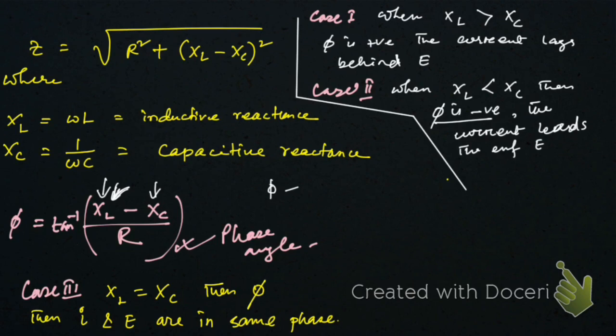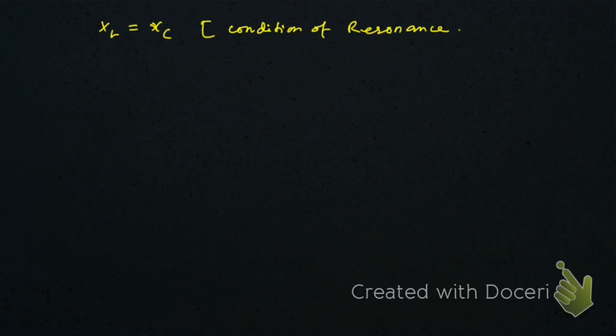So hope you have understood this. Let me go to the next slide. This condition where XL is equal to XC is called the resonance condition, because here the phase of I and E are both the same.